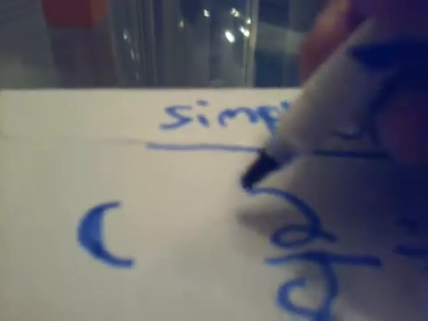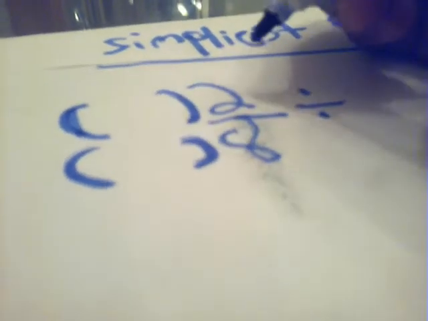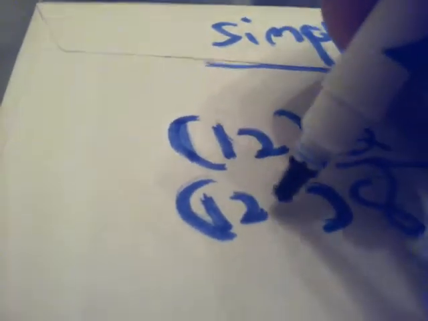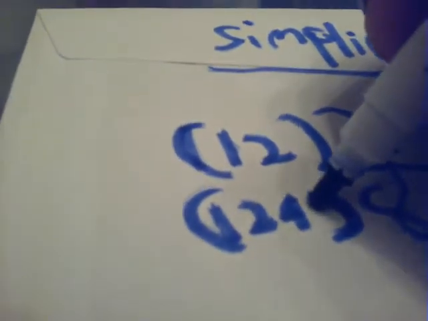So we have to list the factors, or multiples. But in our case, let's say the factors: 1, 2, 4, and 8.